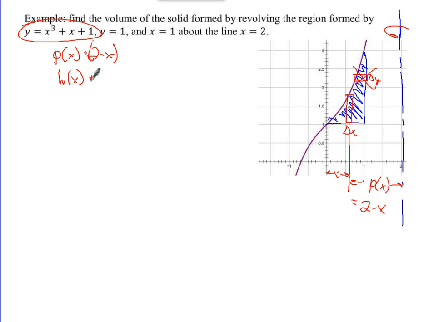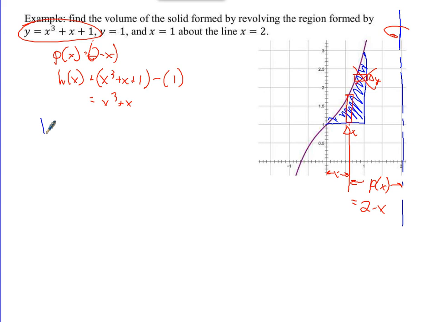So that means that my h of x is going to be the top function, which was x to the third plus x plus 1, minus the bottom function, which was just 1. And then we can simplify that. We get x to the third plus x, and that's it. So, now what can we do? Set up the integral, yeah.